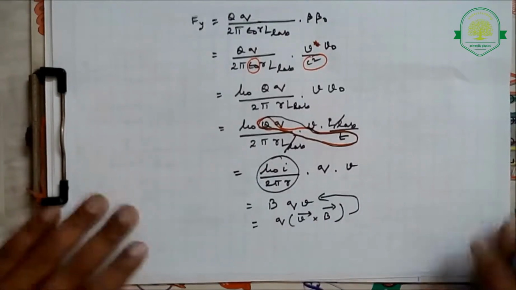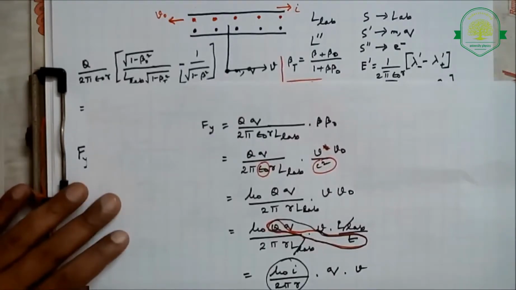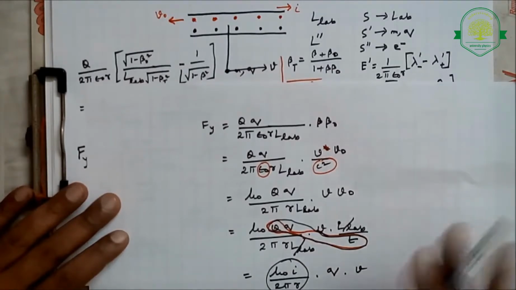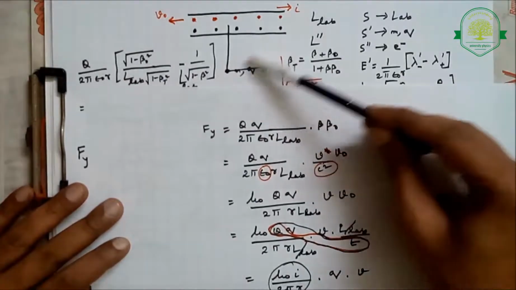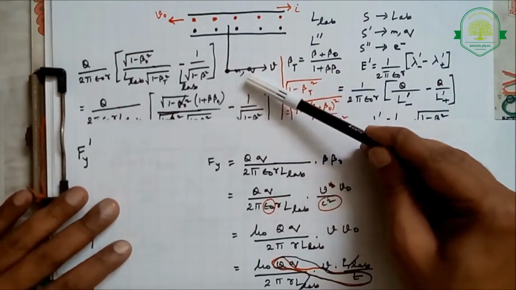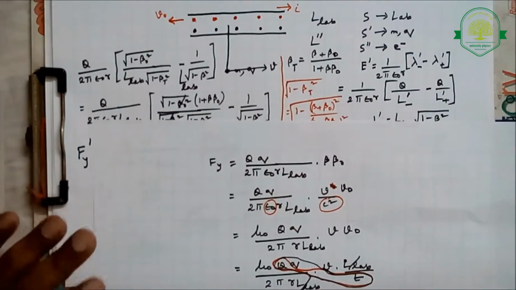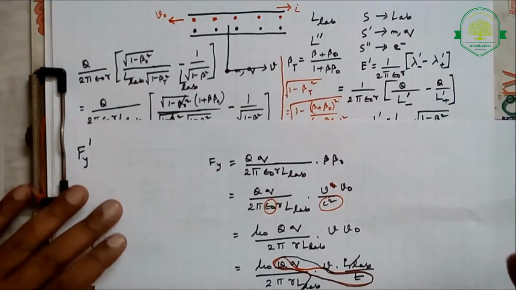So what appears as a magnetic force, or a force created by a magnetic field, to us, to this charge it seems that that force has been created by the electric field. So fields actually transform if we change our frames of reference. What is an electric field in one frame may become a magnetic field in another.